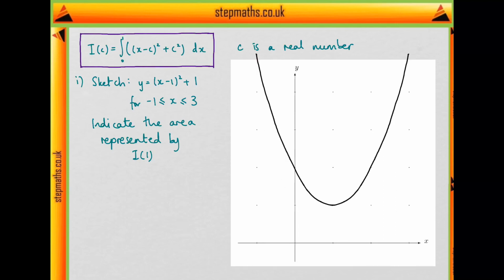And so our final graph for (x minus 1) squared plus 1 would look like this. As for the area represented by I1, that's just the integral of this between 0 and 1. So if that's 1, then this area would just be everything under the curve up to 1.